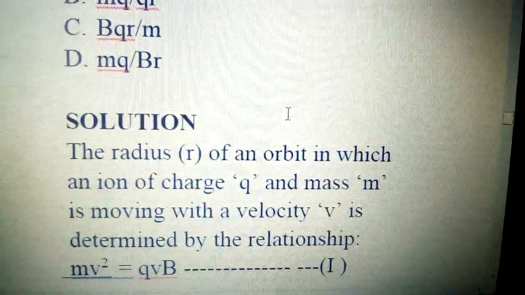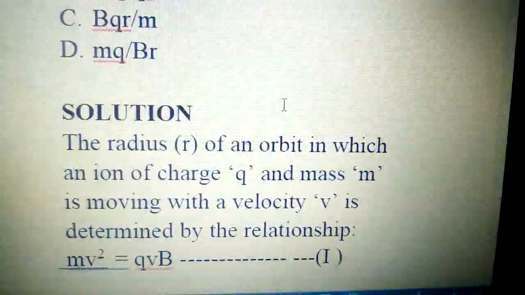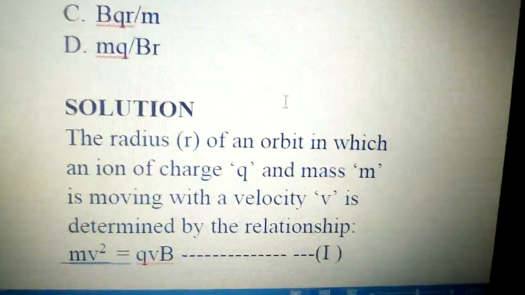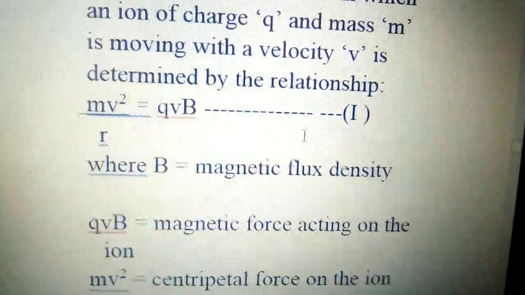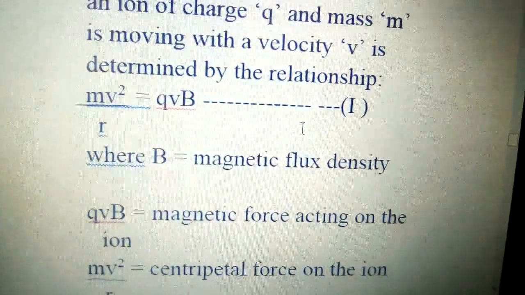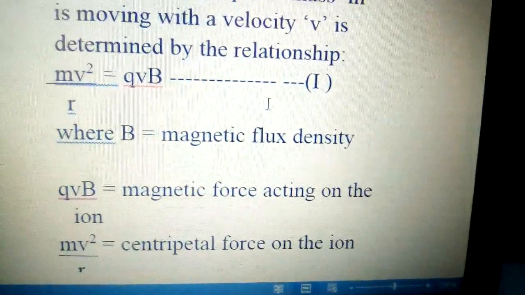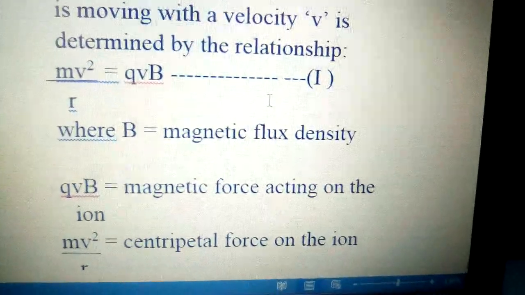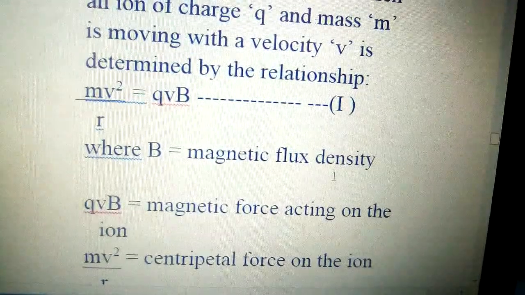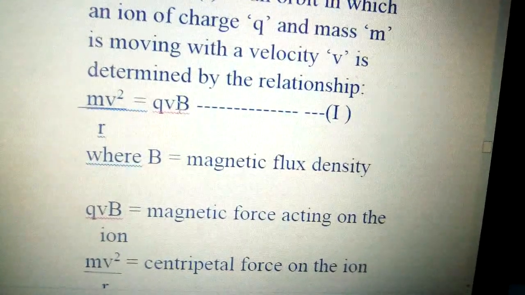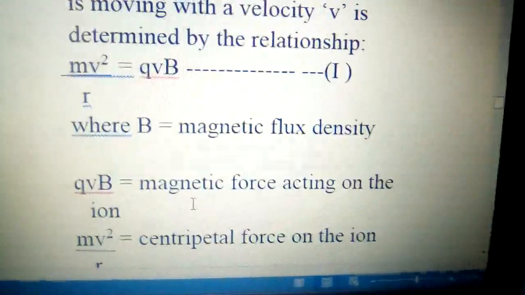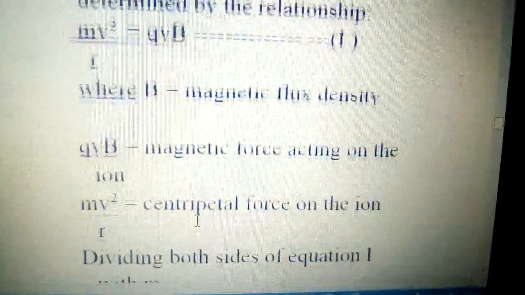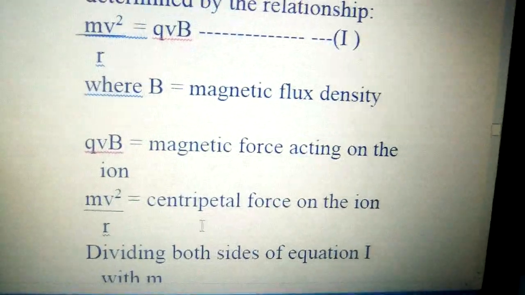The radius r of an orbit in which an ion of charge Q and mass m is moving with a velocity v is determined by the relationship mv squared over r equal to qvB, where B is the magnetic flux density. qvB is the magnetic force acting on the ion or charged particle. mv squared over r is the centripetal force on the ion.